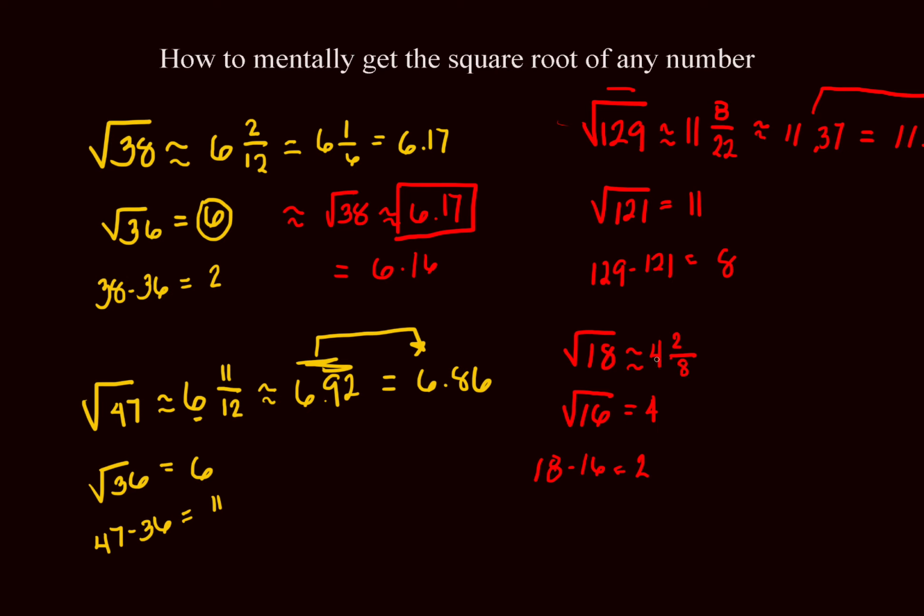So therefore, the approximate square root of 18 will just then be 4 and 2 over 8, or that's about equal to 4.25. Now, the actual value of the square root of 18 is actually 4.24. So 4.25 is again a very good approximation of our actual value of 4.24.